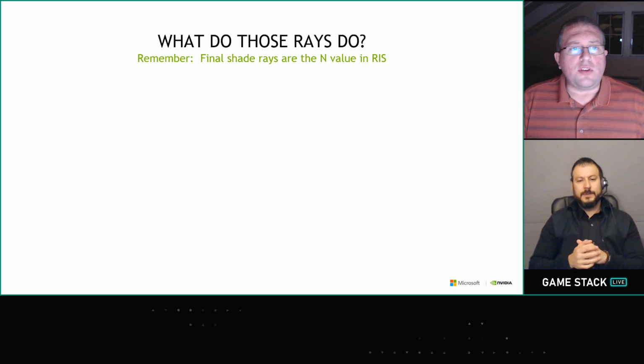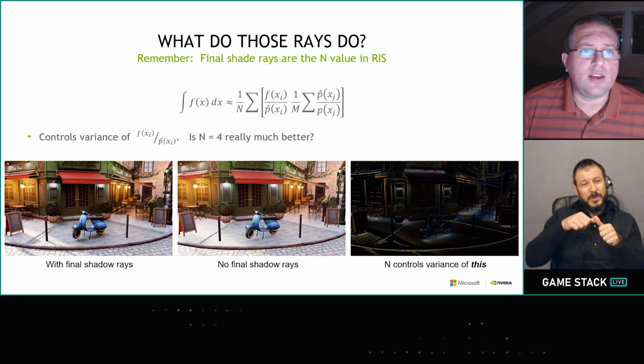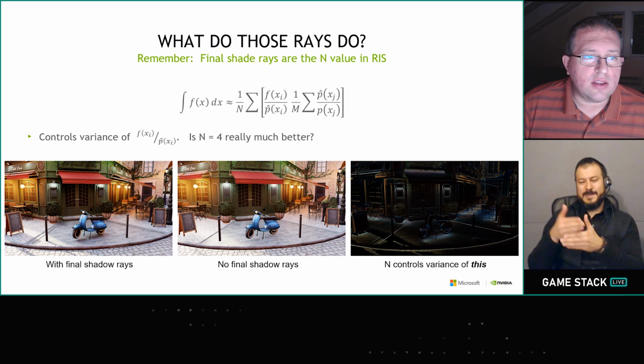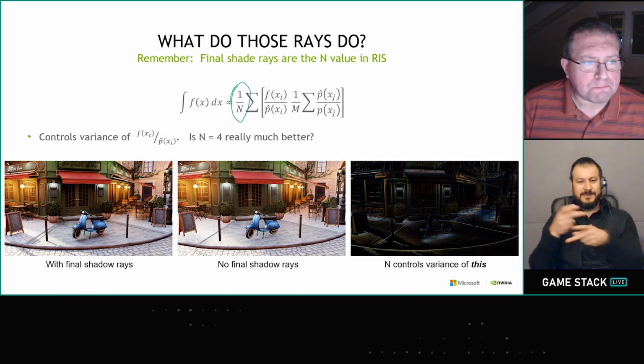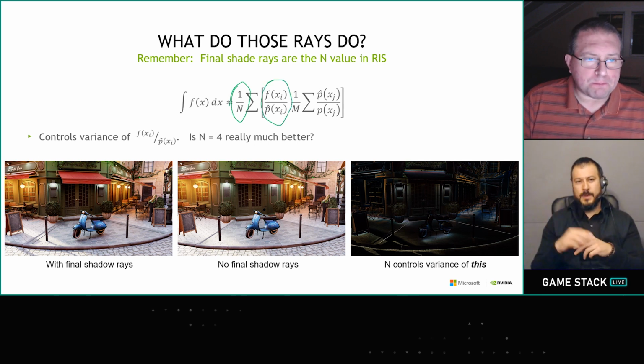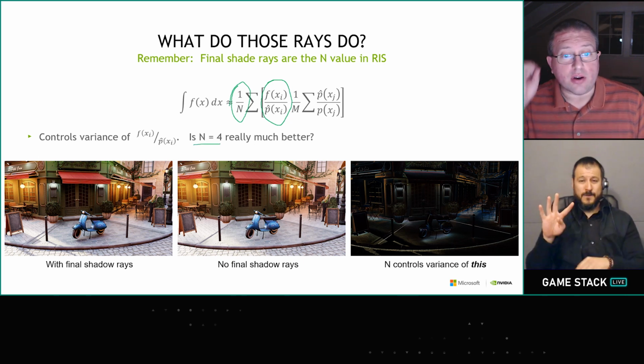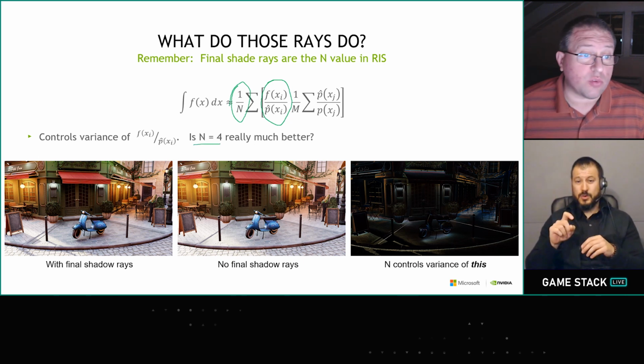So you might ask, what do these rays do? Now remember that these shadow rays are the n in our RIS estimator. And what this n does is it controls the variance of this part, the ratio f over p hat. And so you might ask, does n equals 4 really matter here? Do you need n equals 8, or is n equals 1 sufficient?